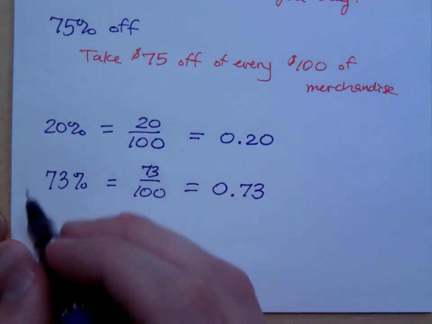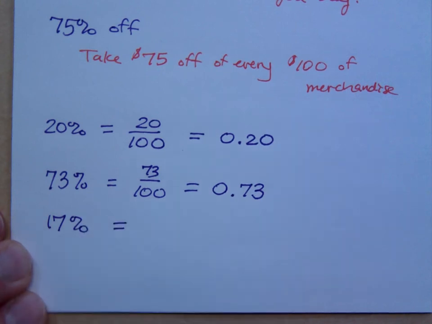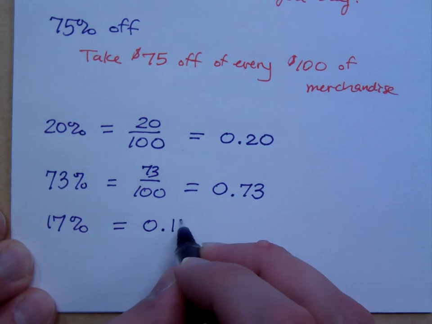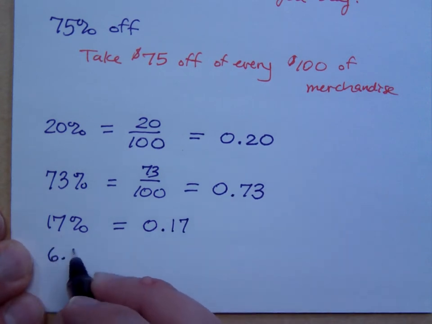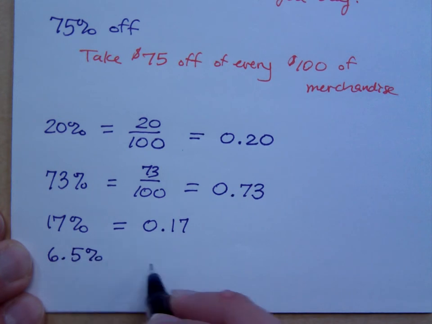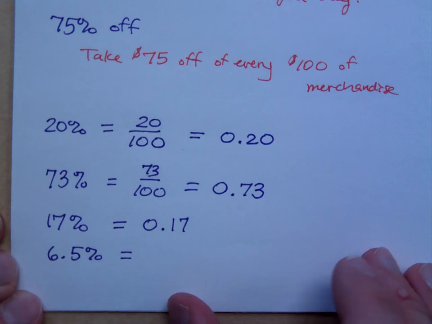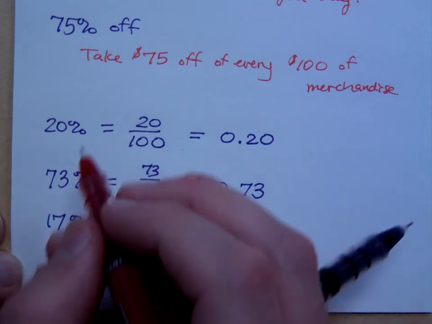So if I say 17%, what is that as a decimal? 0.17, right? What is 6.5% as a decimal? So look, the decimal is understood to be here.